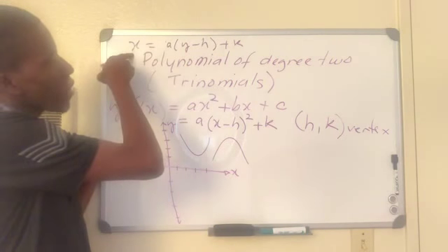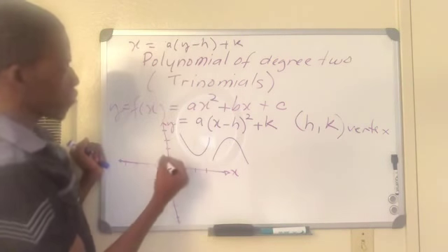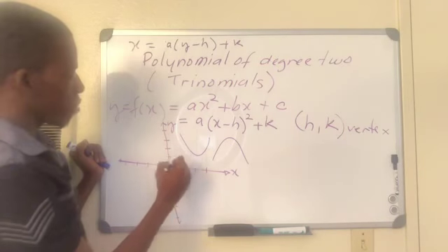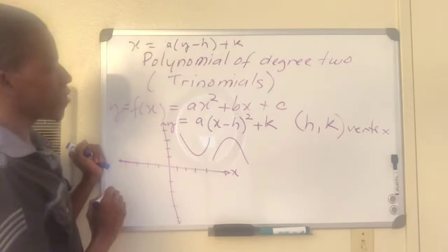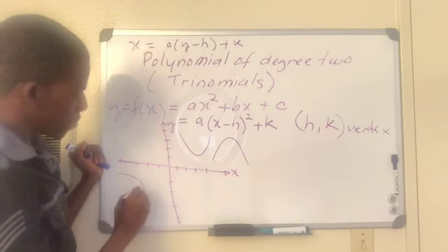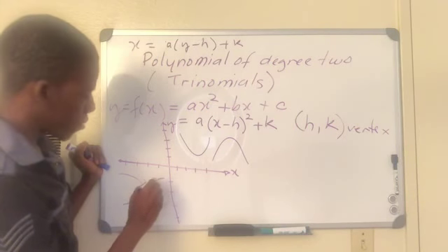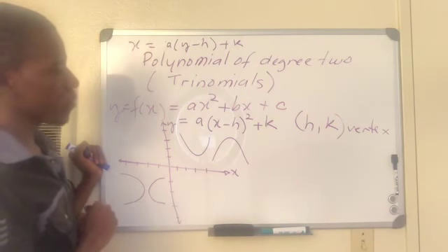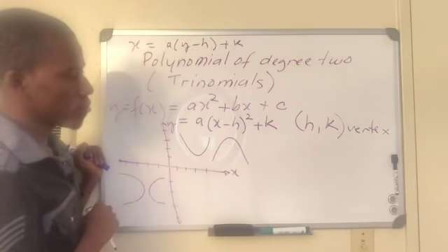If I have x as a function of y, instead of the function behaving in the y coordinate system, it's going to be in the x coordinate system. So it's going to be open left for negative, and open to the right for positive, with the vertex h and k.